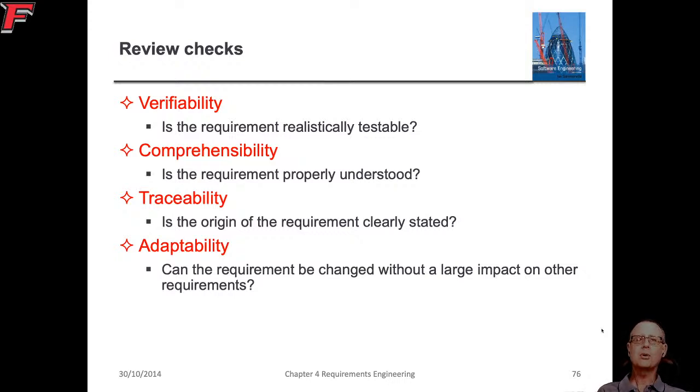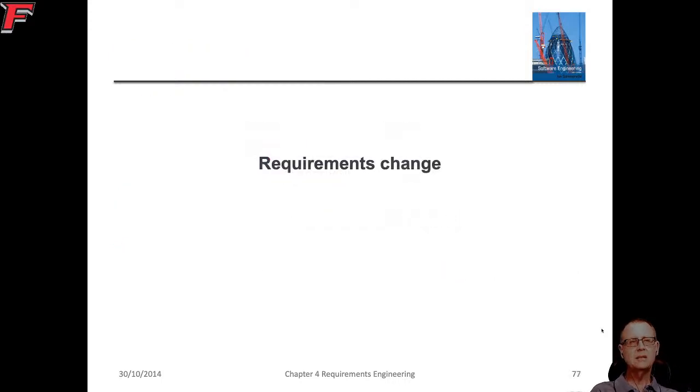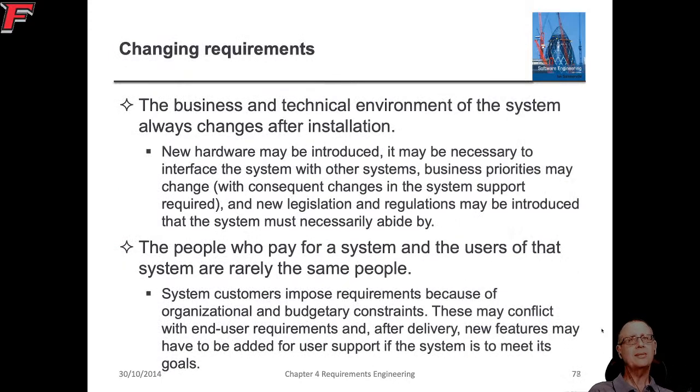If there is a requirement that, if changed, will change lots of other stuff, then your design may not be very robust. And the thing it's probably not robust against is change. And unfortunately, that's one constant in software engineering, is that things change.